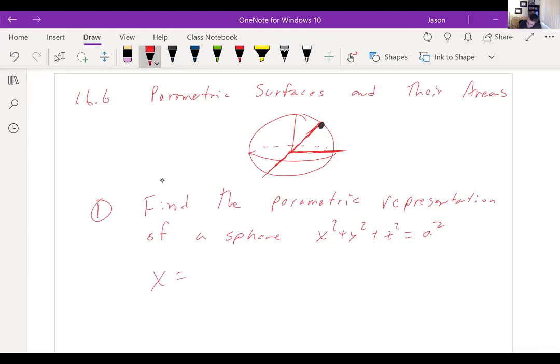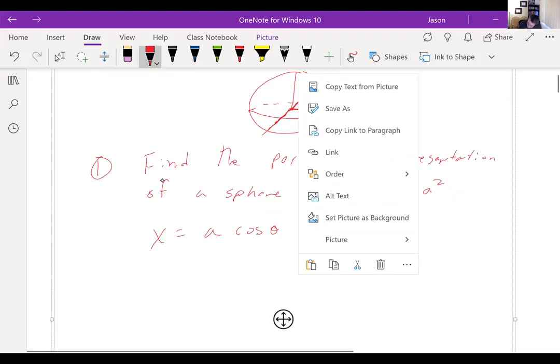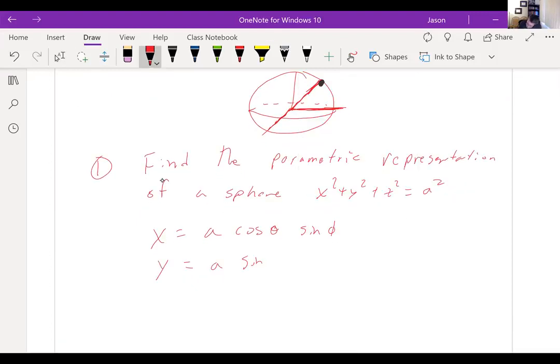So x is equal to A times the sine of phi times the cosine of theta. Or we'll just say x is A cosine theta, oops, sorry, cosine theta sine of phi. Okay, y is equal to A sine theta sine phi, and z is equal to A times the cosine of phi.